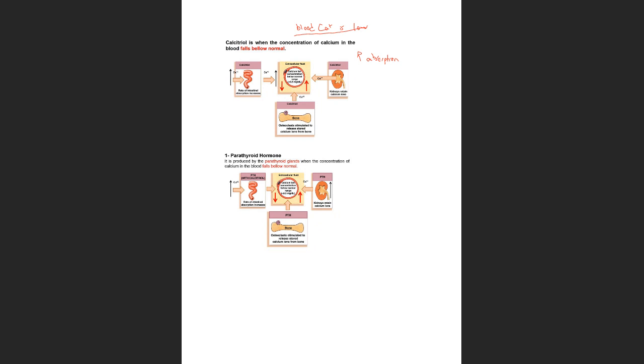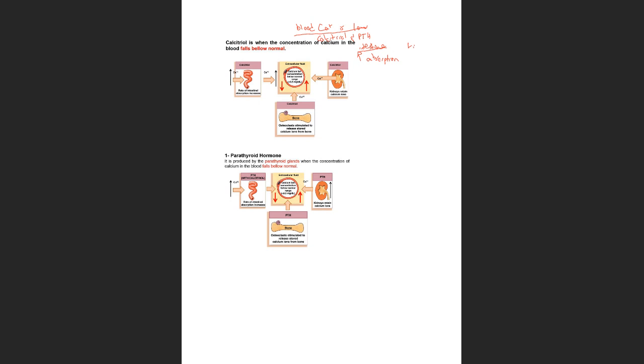So when it's low, calcitriol and PTH work to raise it. So how does it raise it? Well, it acts on the intestines to increase absorption. So you're eating calcium, your body absorbs that calcium and puts it back into the blood so it can raise the levels. Okay? Now that's just the intestines.